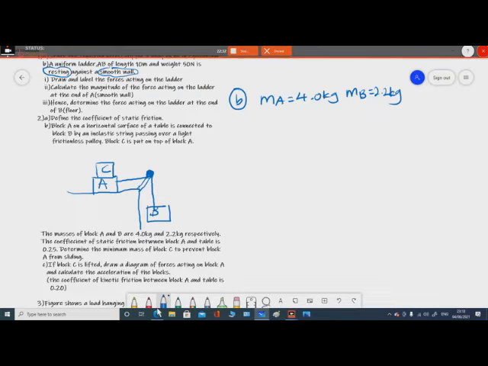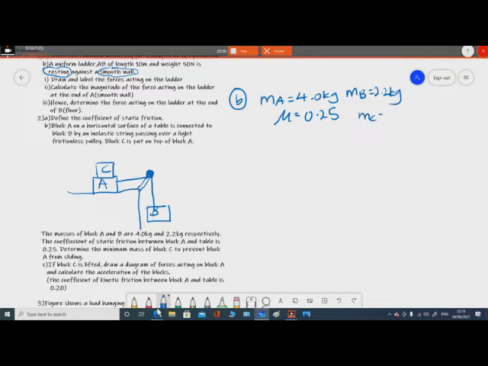The coefficient of static friction between block A and the table is 0.25. The coefficient of static friction has no SI unit. Determine the minimum mass of block C to prevent the block from sliding.